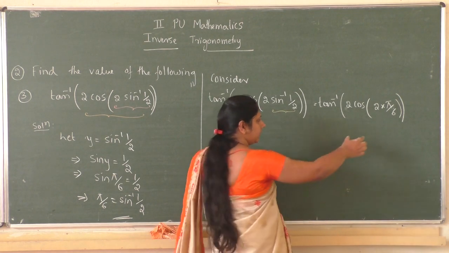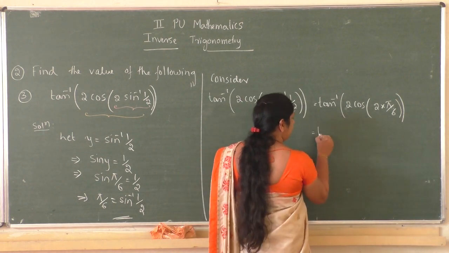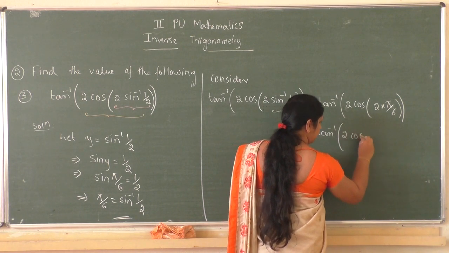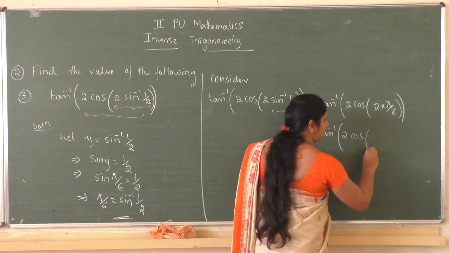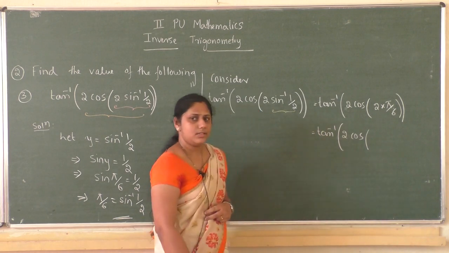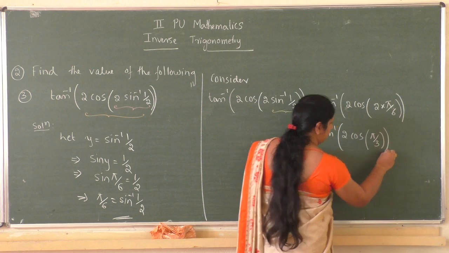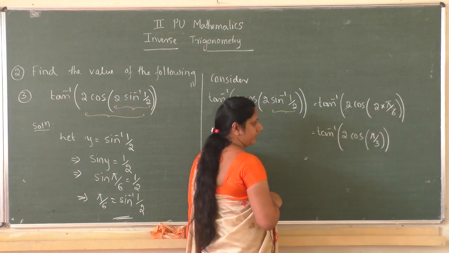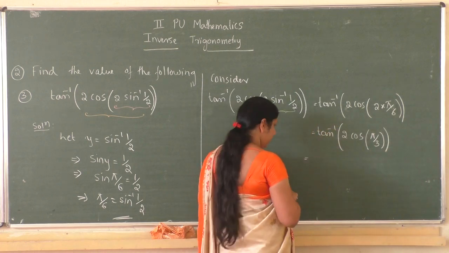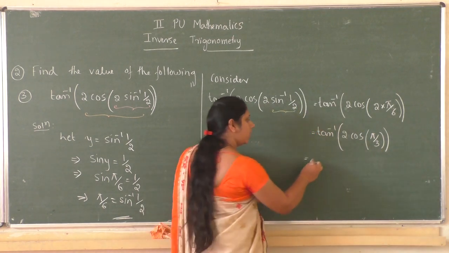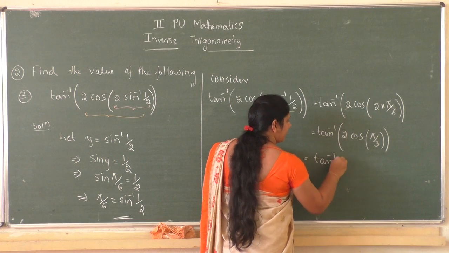Now we will simplify this term, that is tan inverse of 2 cos of 2 pi by 6, which means pi by 3. Right. Now what is the value of cos pi by 3?